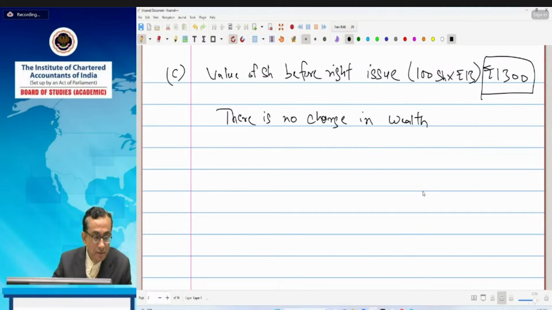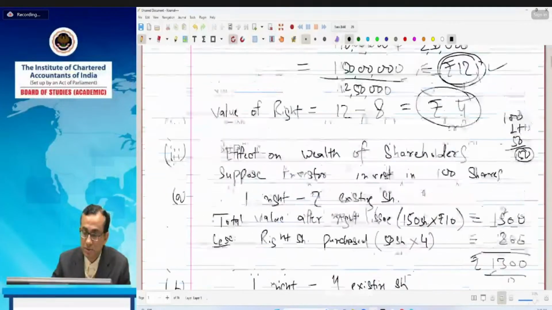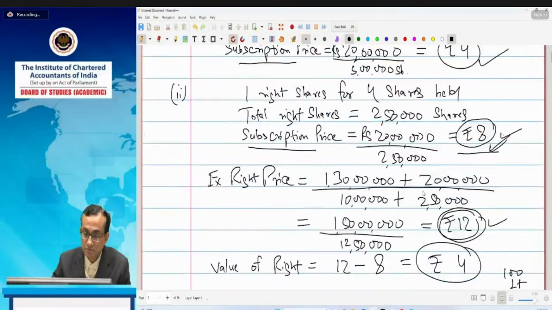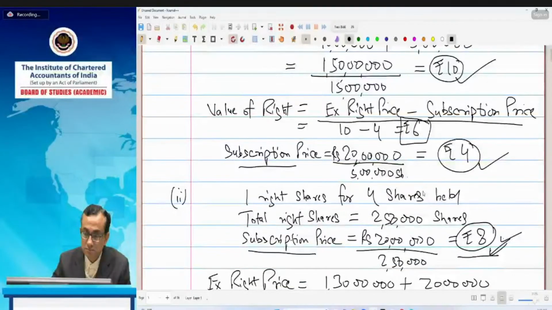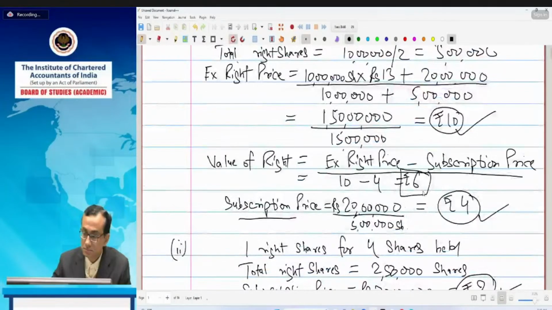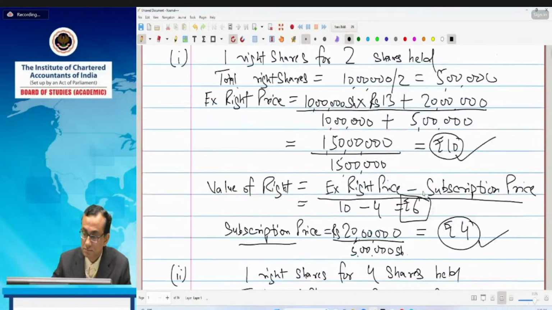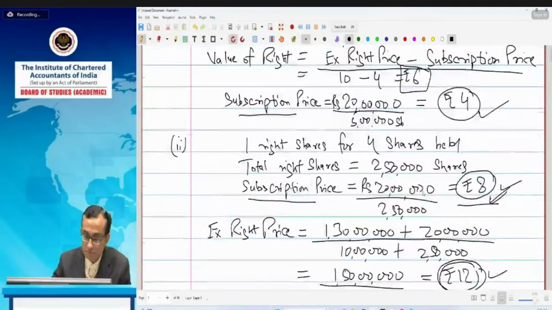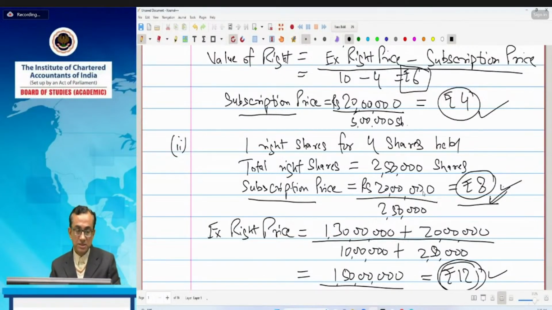Fine. Why not divided by the existing number of shares? Shruti, the subscription price is basically the subscription price of the right issue.